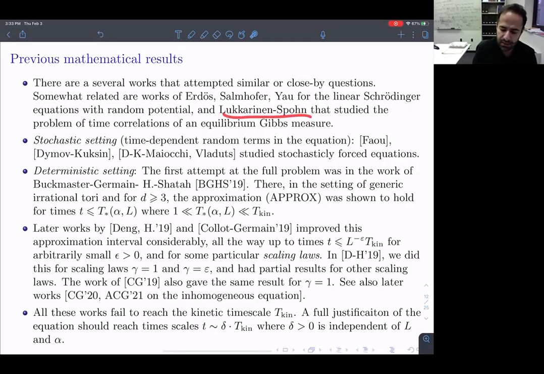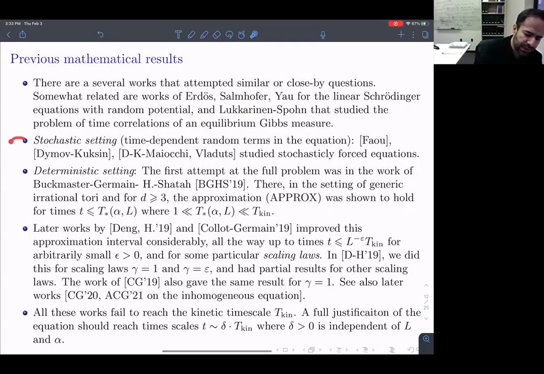Then there was a very influential work of Lukkarinen and Spohn, who studied the nonlinear problem, but they were studying something else, basically time correlations of the invariant Gibbs measure in that setting. So it's not the same problem, but this is closely related.